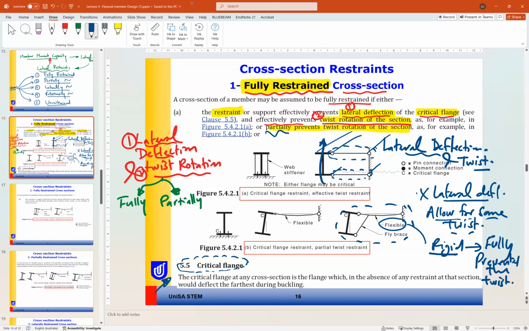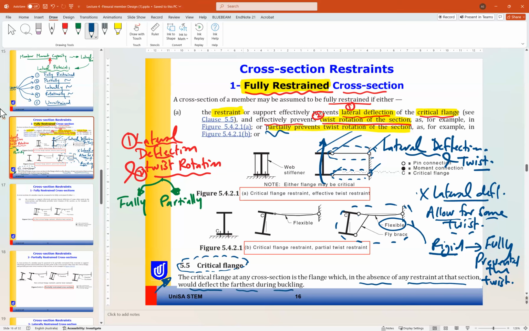And here is the critical flange definition in the standard. We can consider the flange as our critical flange if there is no restraint at that section, and the flange will deflect the farthest during buckling.